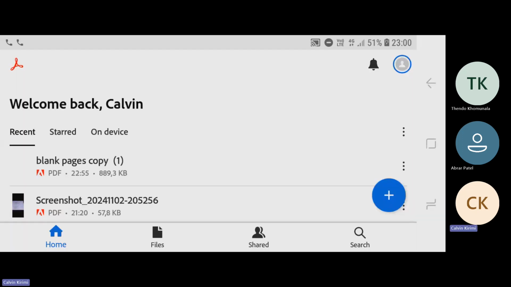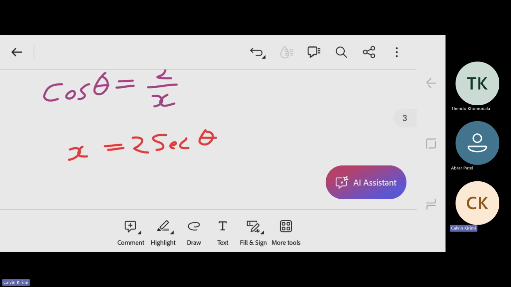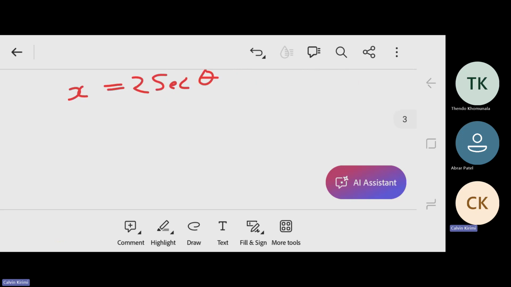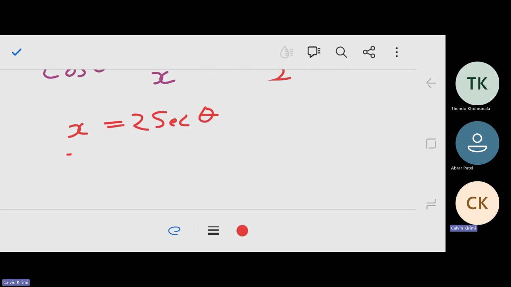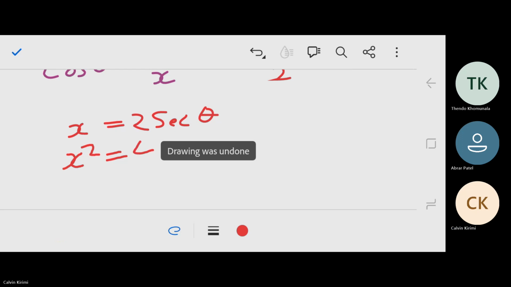Now we want to replace the values of x and dx in terms of theta. This is the trigonometric substitution. So for this one, we want x squared. X squared will be equal to 4 secant squared theta.